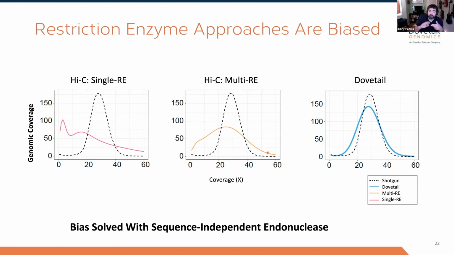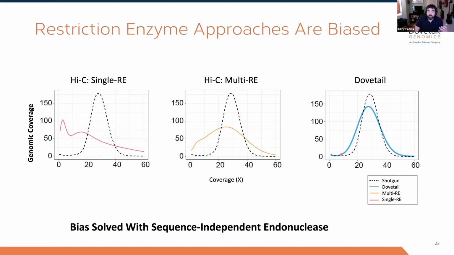When you biotinylate that restriction site and pull down, all of your data is going to be restriction enzyme focused, right? And so regions that are restriction enzyme deserts don't have any data because you have nothing to biotinylate. Regions that are chock full of restriction sites are over biotinylated and therefore over sequenced.